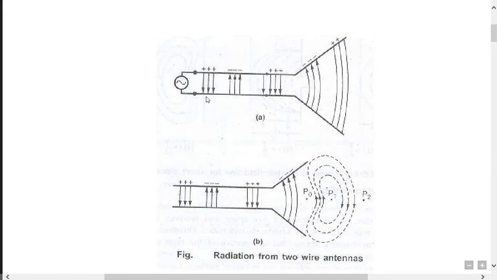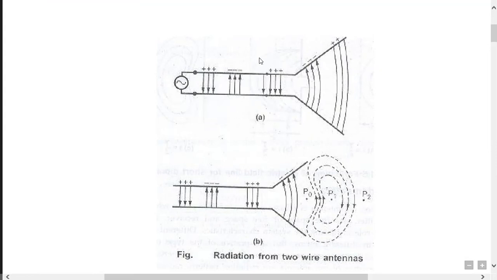These electric field lines either start at a positive charge and end at a negative charge, or start at a positive charge and end at infinity, or start at infinity and end at a negative charge. So because of this movement of charges, the magnetic field is produced.